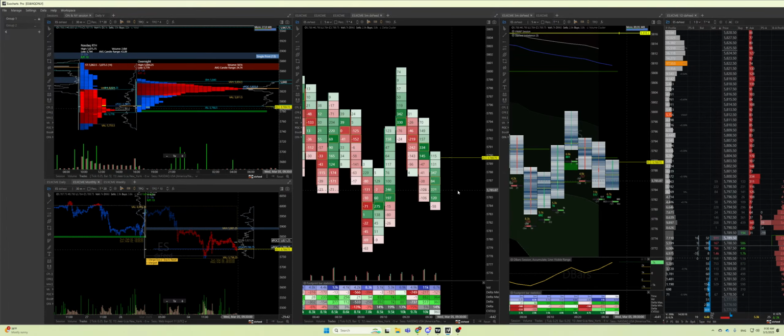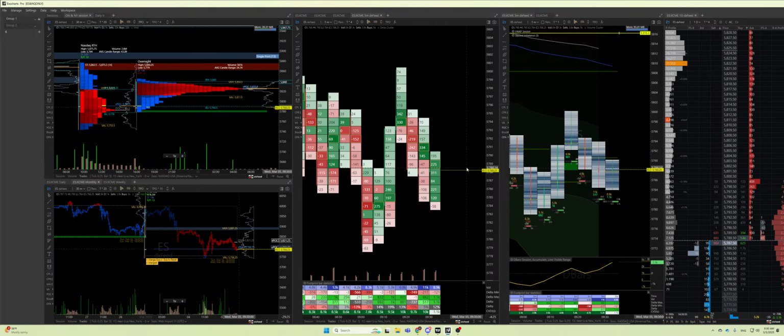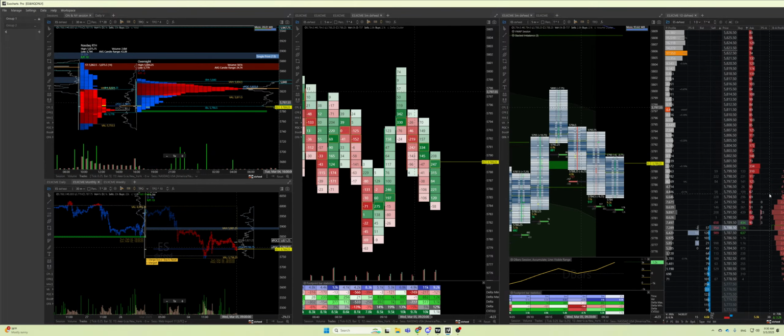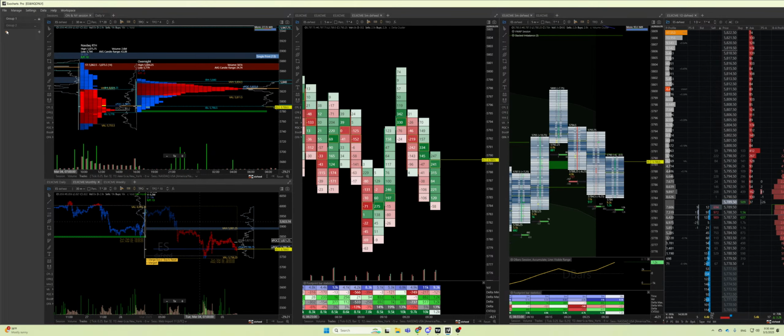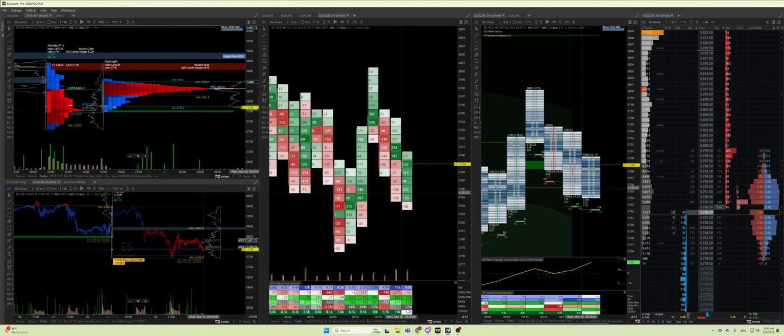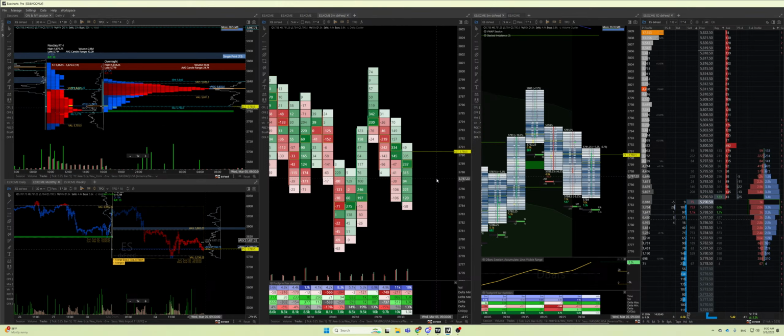We're at POC here. Looks like a really good up movement.